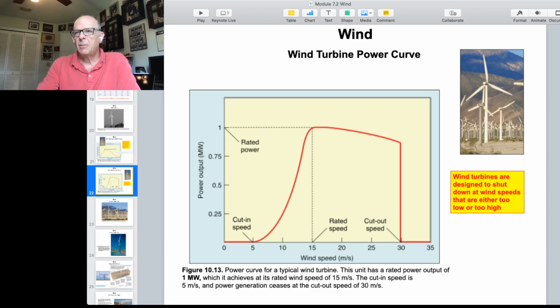From 15 meters per second up to 30 meters per second, the power output is fairly constant between about 0.9 and 1 megawatt. And then over 30 meters per second, the windmill will stop because it's unsafe in those wind conditions for it to keep blowing. So this curve shows you how you can determine the power output from a particular windmill based on what the wind speed is.